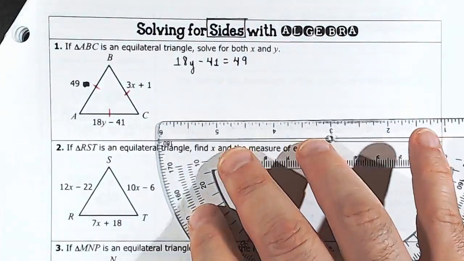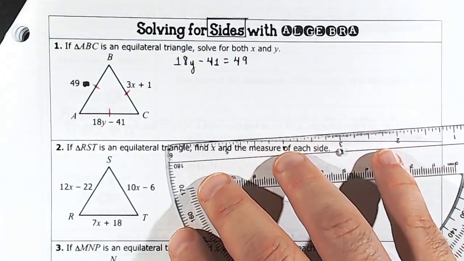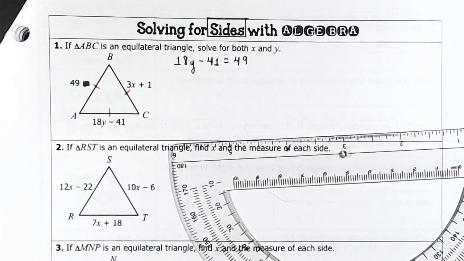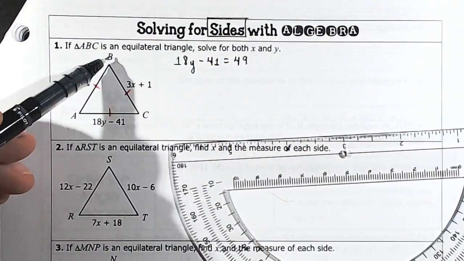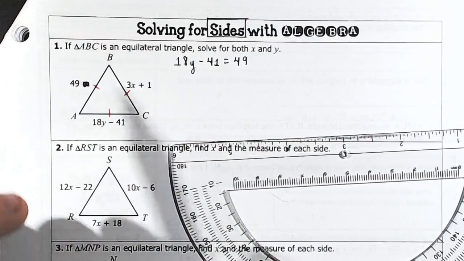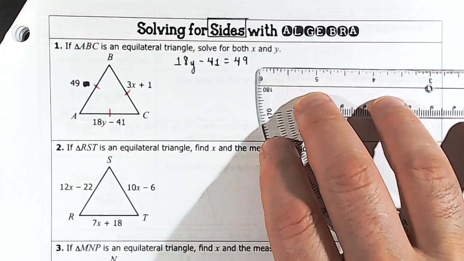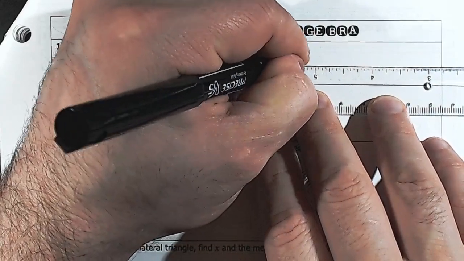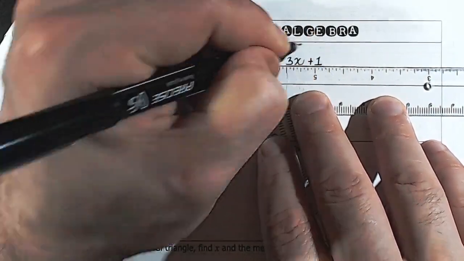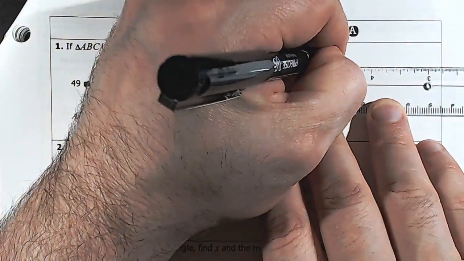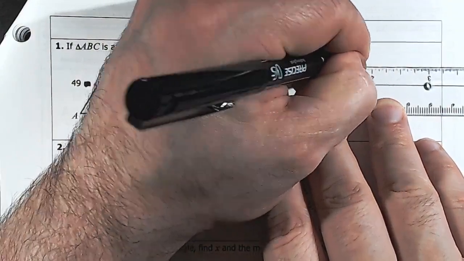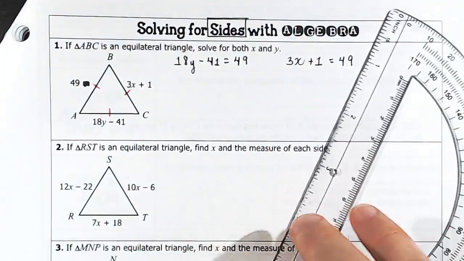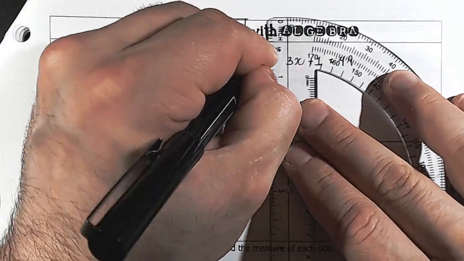So that's how we're going to solve for the y variable. Now to solve for the x variable, we'll set BC equal to AB. So over here, we'll set 3x plus 1 equal to 49. Okay, so we have two different math problems to solve right here.